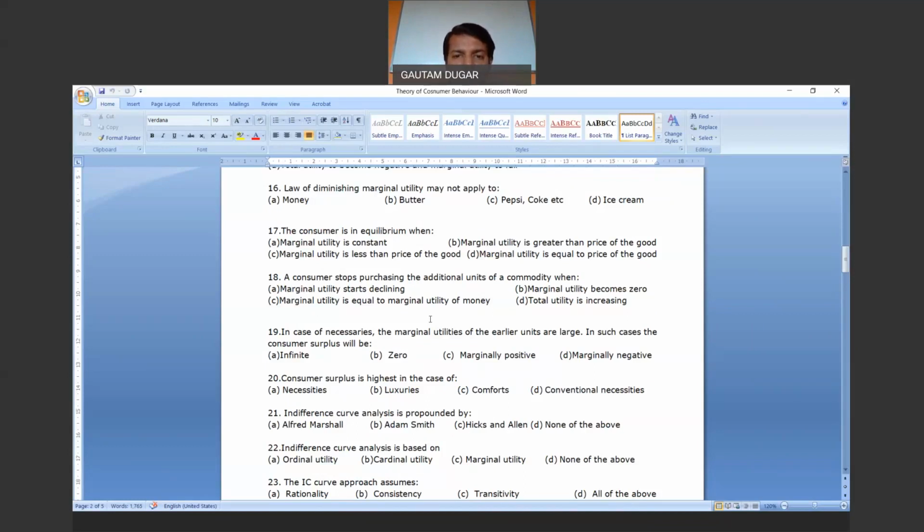A consumer stops purchasing the additional units of commodity when the marginal utility of the product.